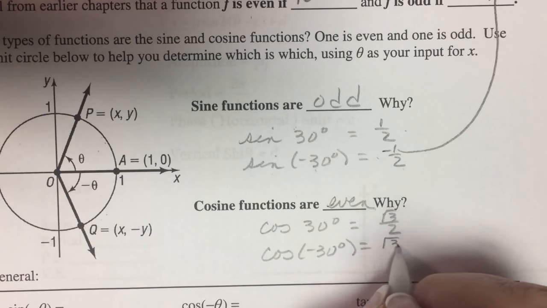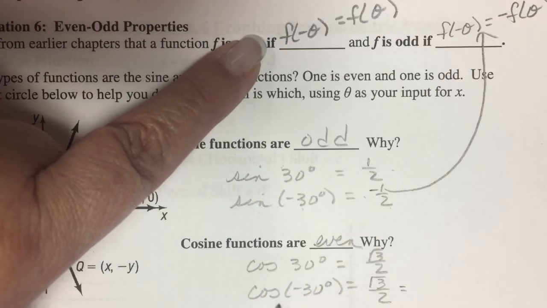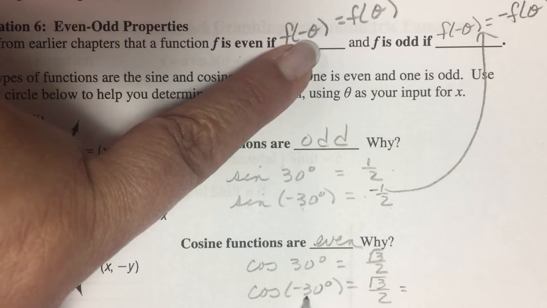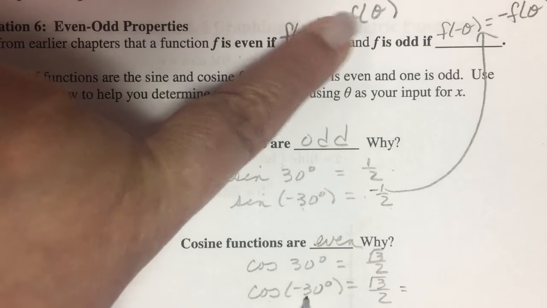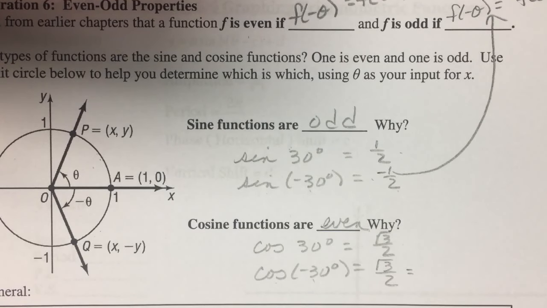So you would also get root 3 over 2. So you can see that it follows this one up here. The cosine of negative 30 degrees is exactly the same thing as the cosine of 30 degrees. So sine odd, cosine even.